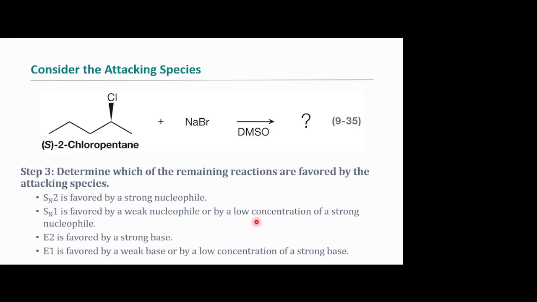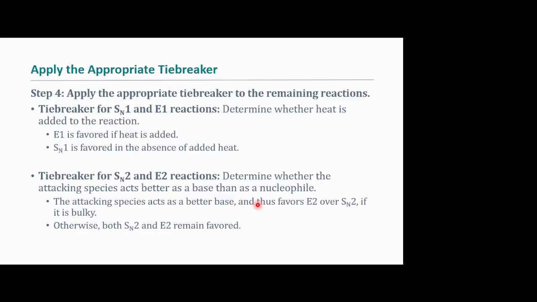So remember to do these in order. If you don't do them in order and you try to skip steps, you can run into cases where you're going to confuse yourself. Okay? And you're going to end up talking yourself out of answers. Right? Okay, so the next parts. Now we're on the tiebreakers. At this point, I'm going to be honest, like 90% of the answers you should have already gotten. Okay?